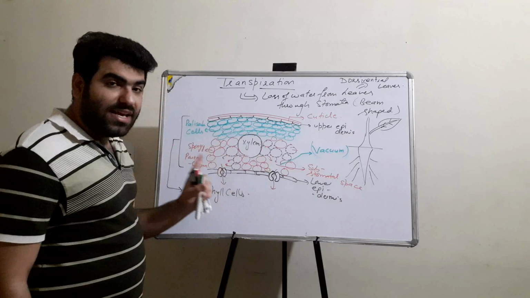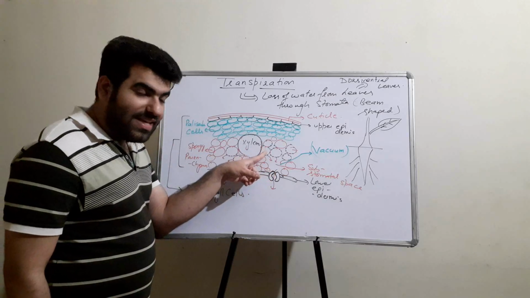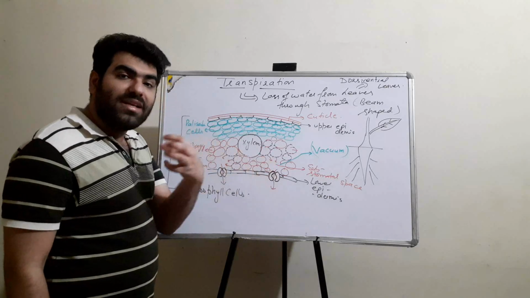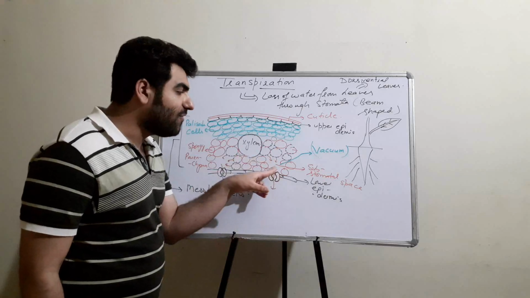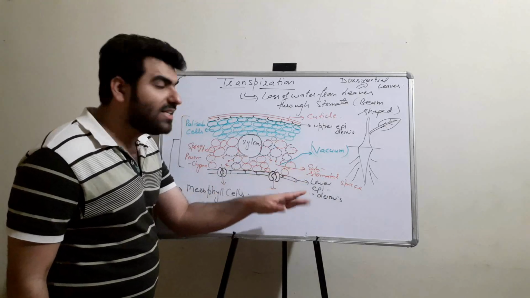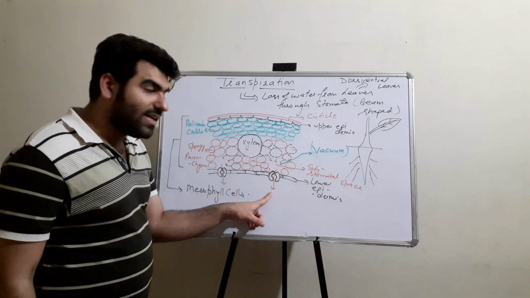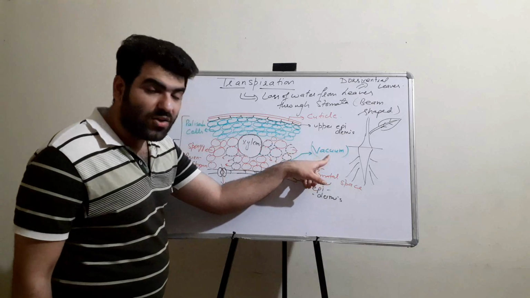Let us see one more time. The water is imbibed by these cells by the process of imbibition. By absorbing the external heat, this water is converted into its vapor form and enters the substomatal space. From the substomatal space, it leaves through the stomata, creating an empty space known as a vacuum.